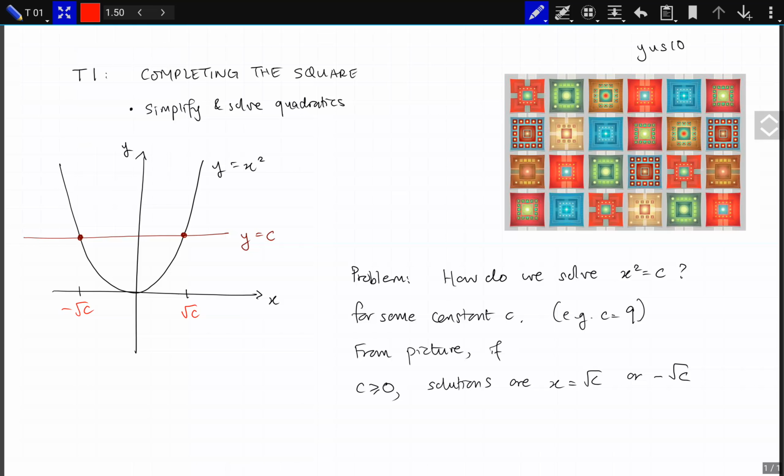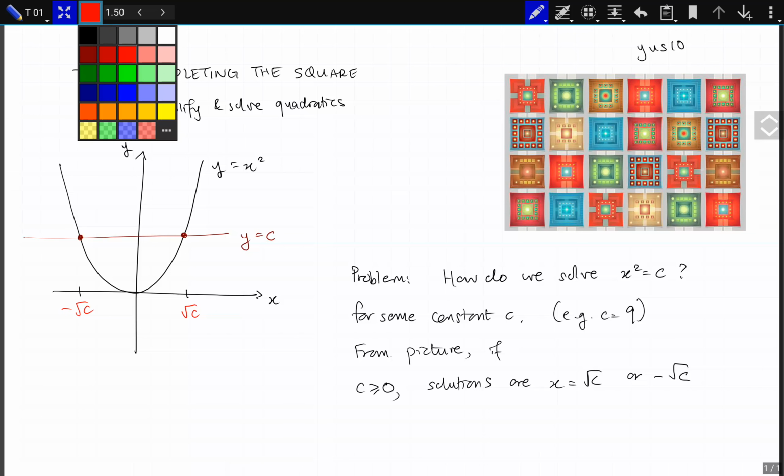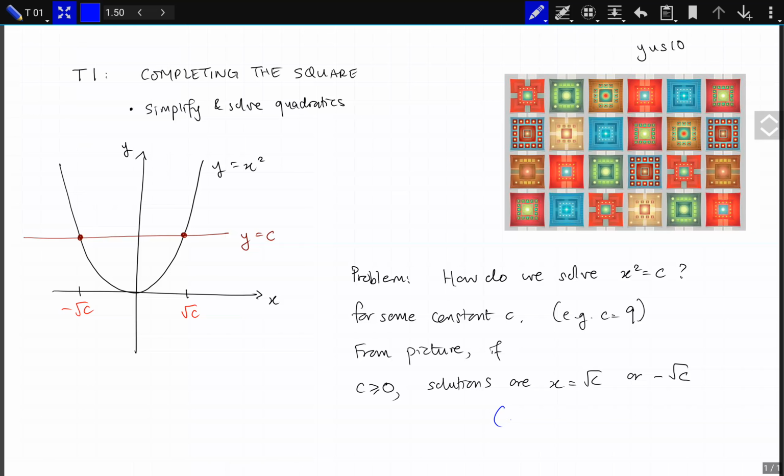So there's root c and minus root c. In our example case, we just get plus or minus 3.